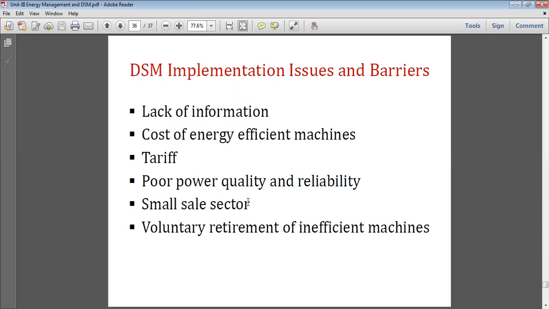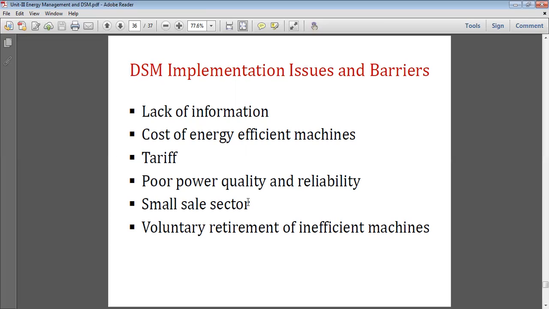Rather, we can say that they are not educated about the different zones of energy consumption, and what would be the way to reduce our electricity bill by shifting the load, or time of use.